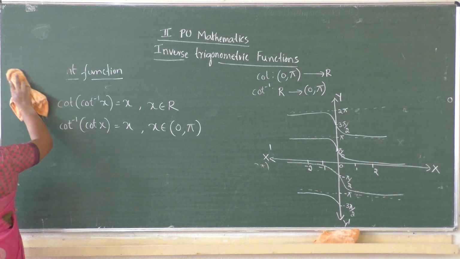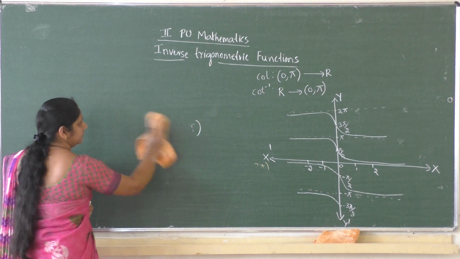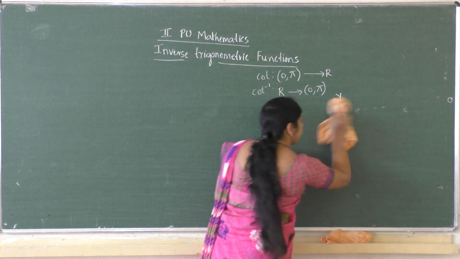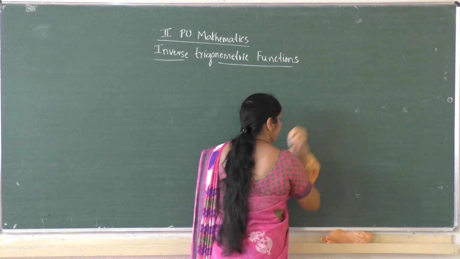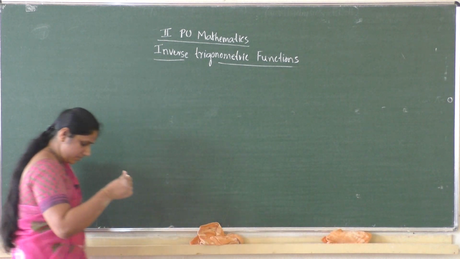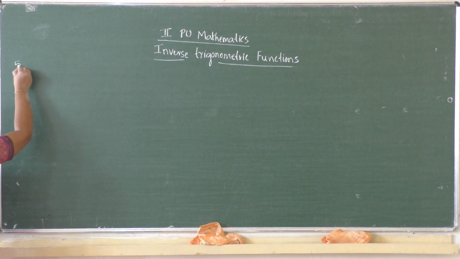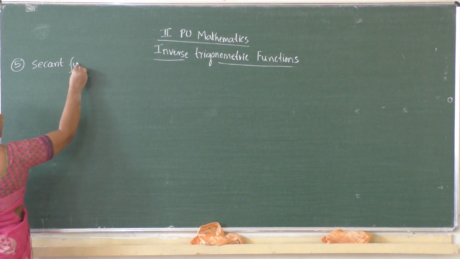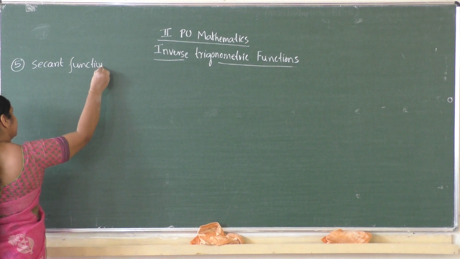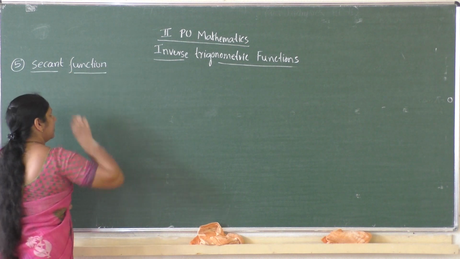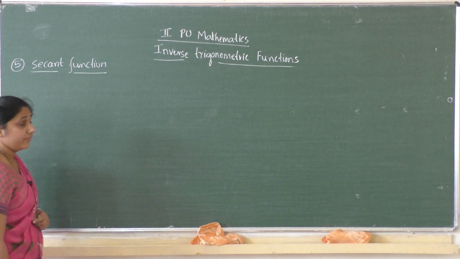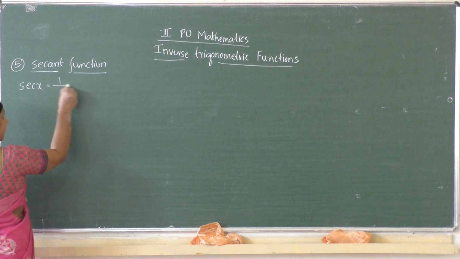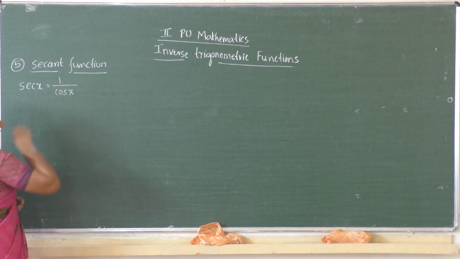Fifth function, secant function. How to define sec x? Sec x equal to 1 by cos x.